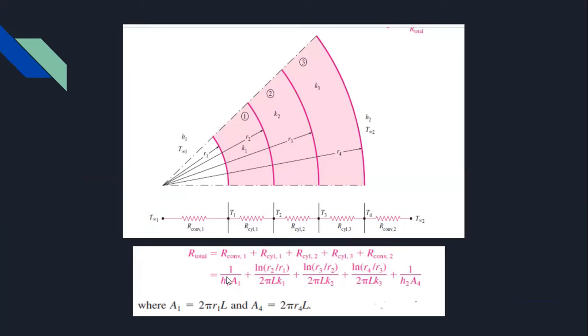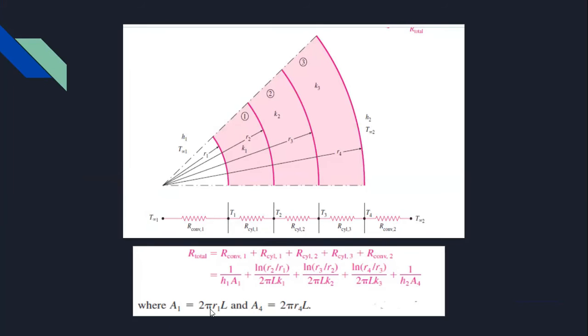As you can see, which is equivalent to 1 by H1 A1 plus ln of R2 by R1 upon 2 pi L K1 plus ln R3 by R2 upon 2 pi L K2 plus ln R4 by R3 upon 2 pi L K3 plus 1 by H2 A4. And all of these can be referenced to this diagram.